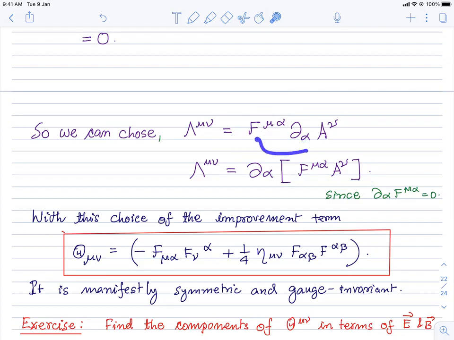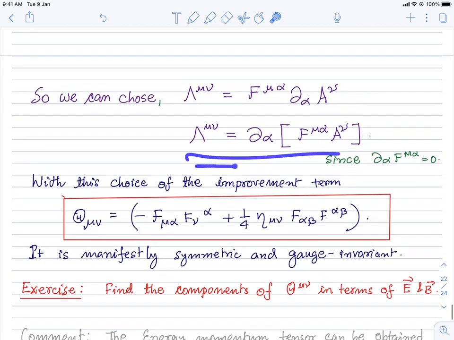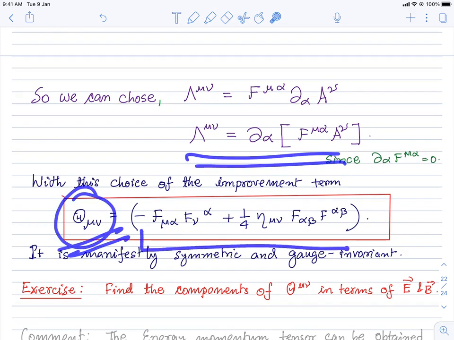So you can pull the derivative outside, and this by itself is a quantity which is a total derivative.